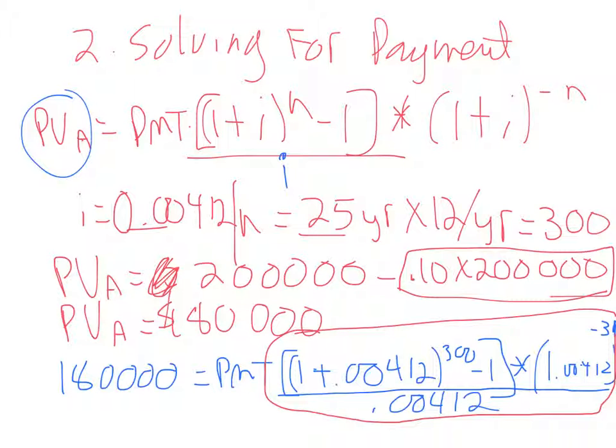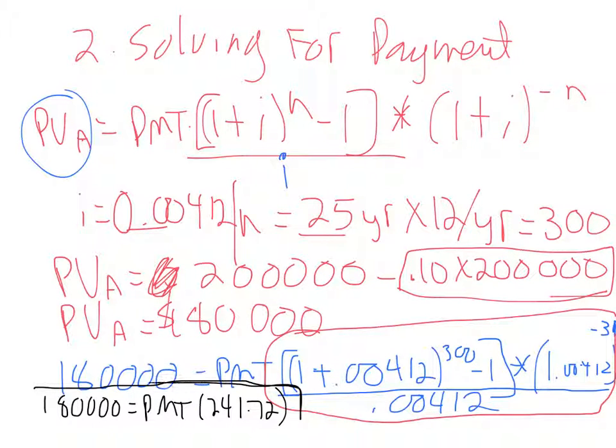So I'm going to write that down in black down here. So I have 180,000 equals PMT times 241.72. And I'm going to put a big box around that because I've run out of space here. And I think you know how to solve this equation. You divide both sides by 241.72, and that will give you your monthly payment.